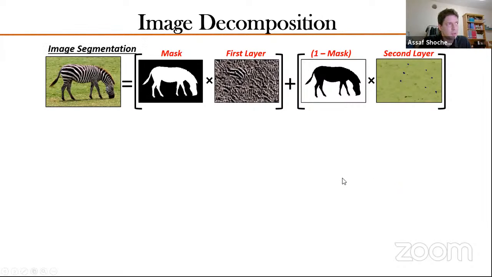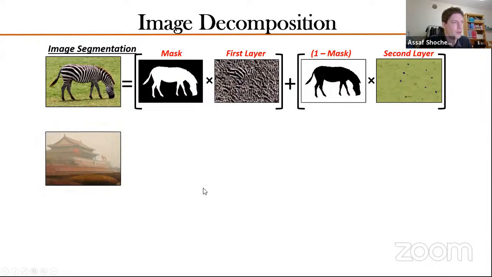By doing so, I'm now able to get image segmentation, because if I retrieve this, then the mask I have here is the segmentation mask that I may be interested in. And I can do other nice things, like have the image without the zebra or whatever.